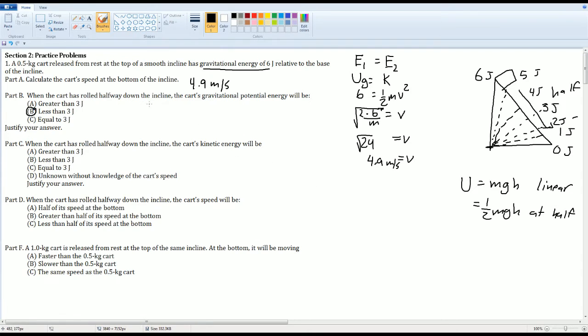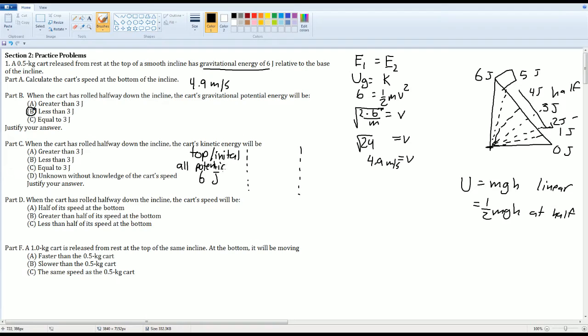Again, it's linear. Okay, when the cart has rolled halfway down the incline, the kinetic energy will be what? Well, you could work out the math, but at the top, or your initial, it had 6 joules, and this is all potential.